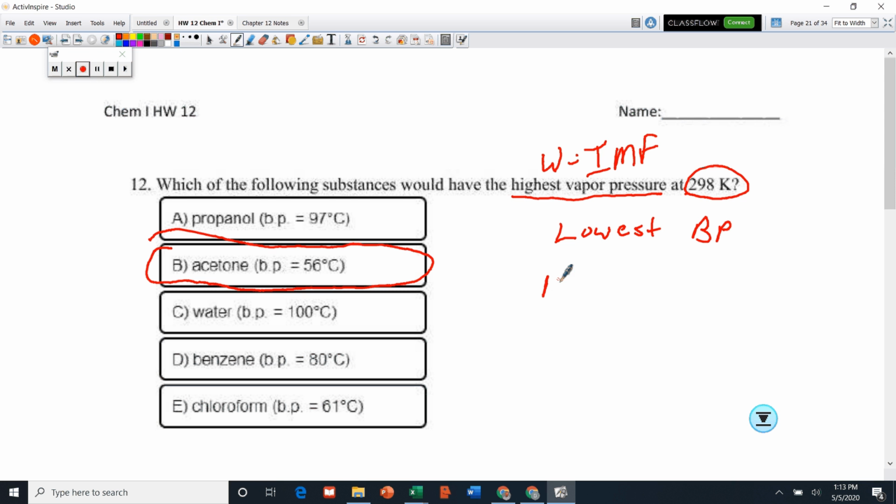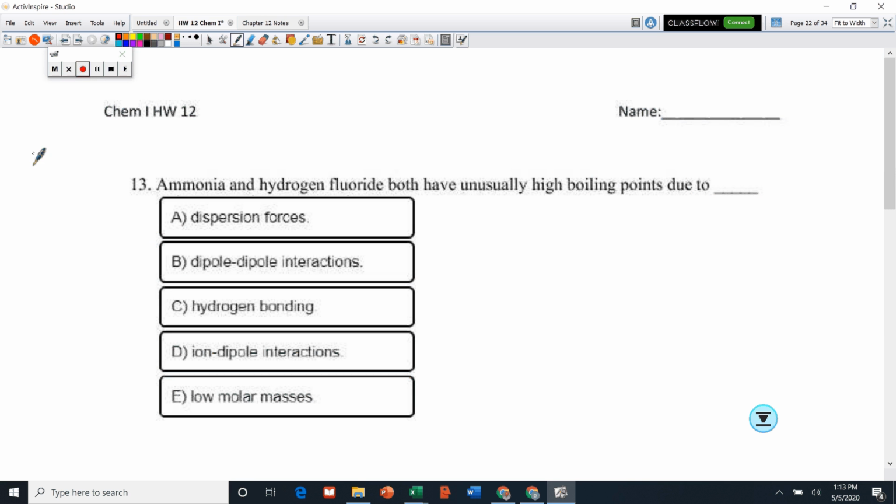So the statement I'll make on this, high vapor pressure equals low boiling point. Kind of answered that question. I didn't mean to answer the question.